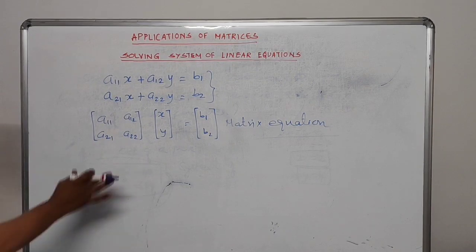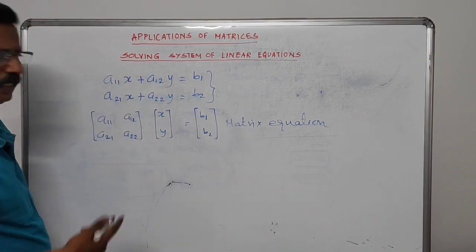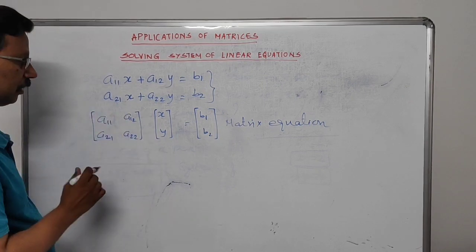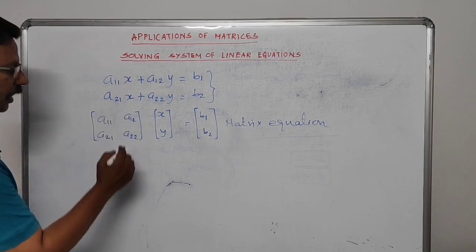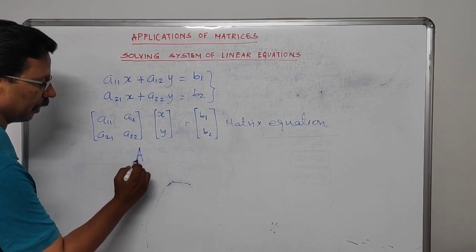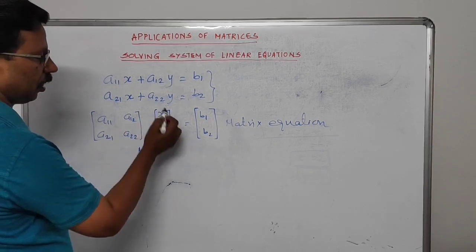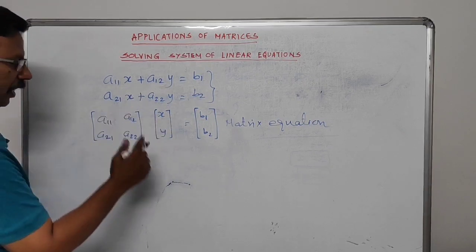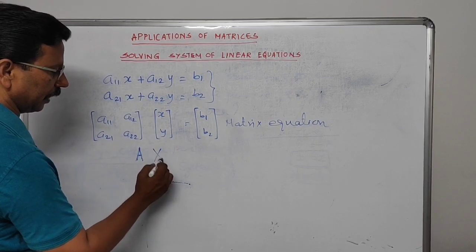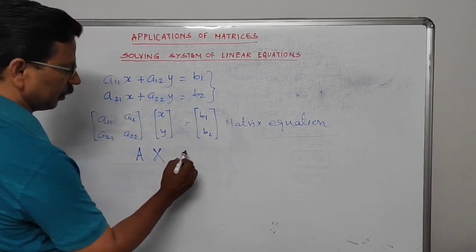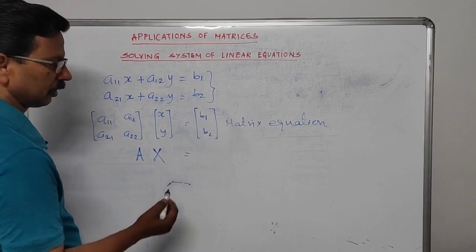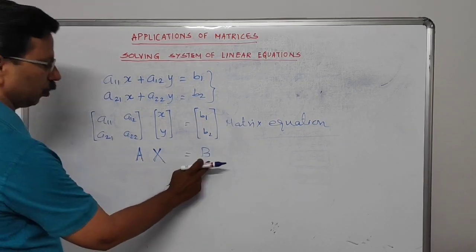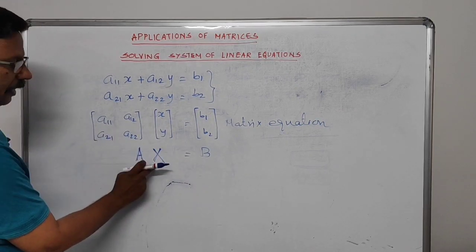Now this is a particular case, we can generalize it. The matrix obtained with the help of coefficients is called the coefficients matrix. That can always be taken as capital A. Since these are variables, the matrix having variables can be denoted as the variable matrix, capital X, which is equal to the constant matrix, since b1 and b2 are constants, we take it as B. That is AX equal to B. A is called the coefficients matrix, X is called the variables matrix.